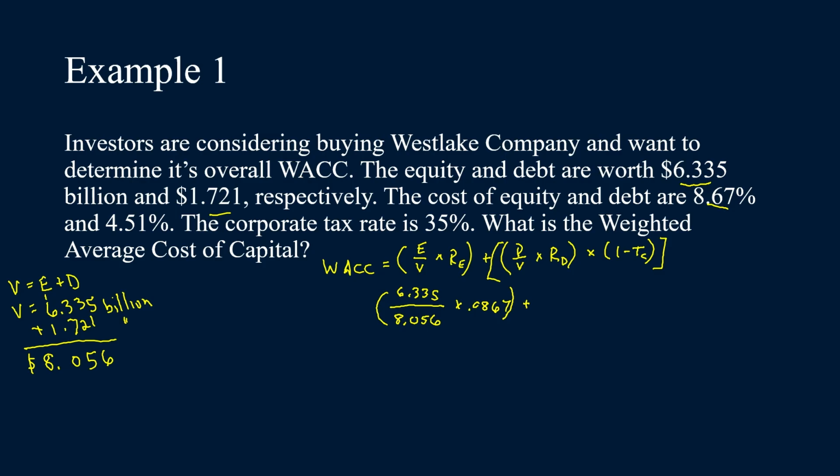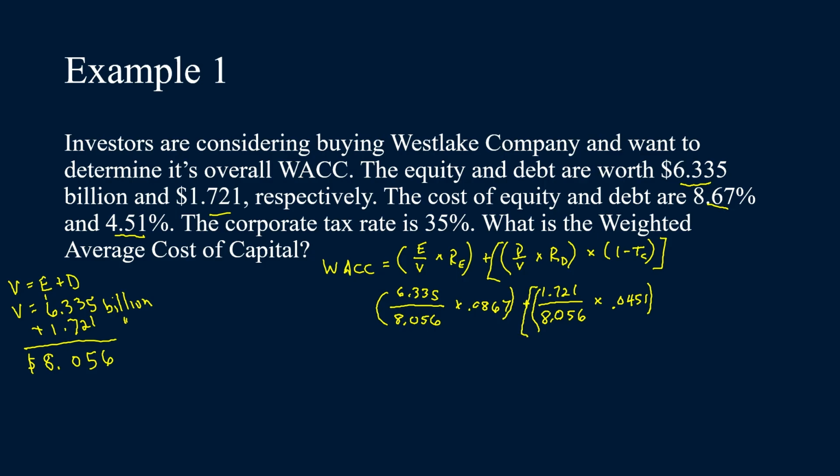Our debt is 1.721 divided by our total value, which is 8.056, times the cost of debt, which is 4.51%, so 0.0451, and then we're going to multiply that out.